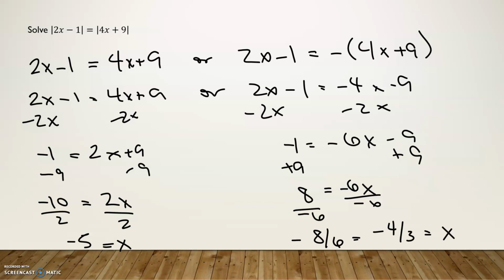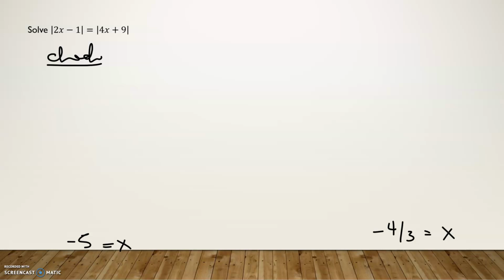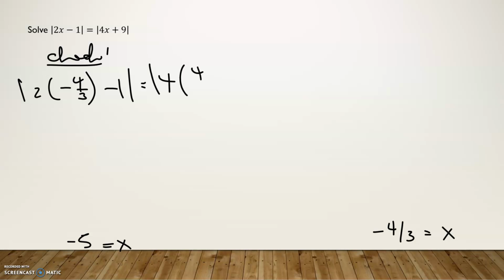And we would plug both of these back into our original equation. Let's do that real quick. Okay, we'll check negative 4 thirds. So 2 times negative 4 thirds minus 1 is equal to, okay, let's see. Looks like we've got negative 8 over 3.